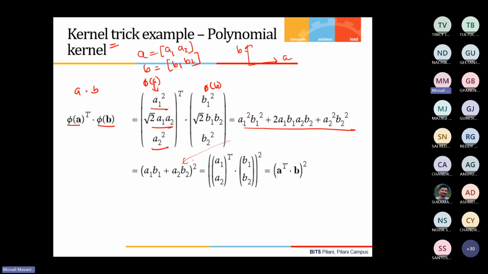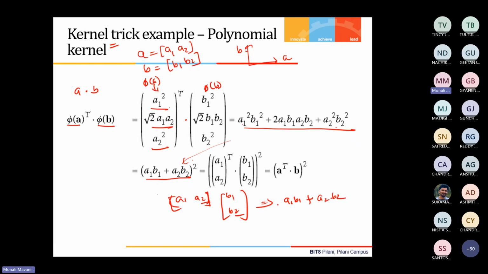This is nothing but (A1 B1 + A2 B2) the whole square. Now what is A1 B1 plus A2 B2 the whole square? If I write A1 A2 and do the dot product with B1 B2, vector-vector multiplication, what will be the answer? A1 into B1 plus A2 into B2.